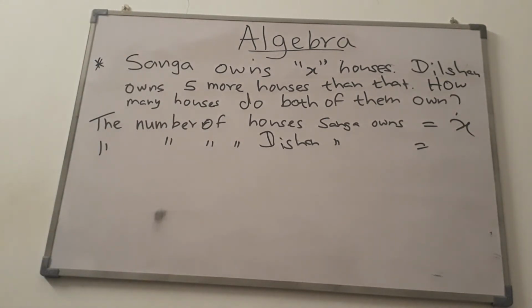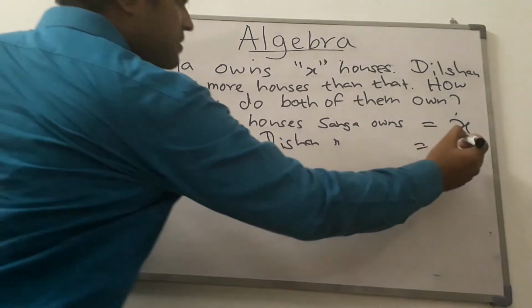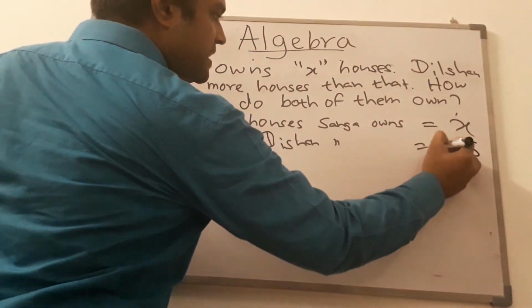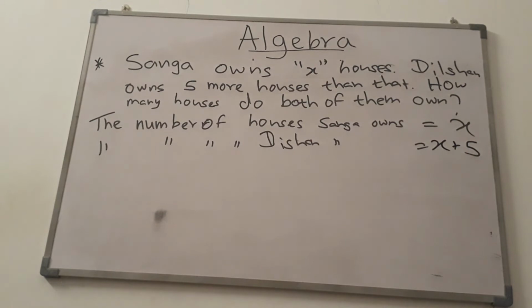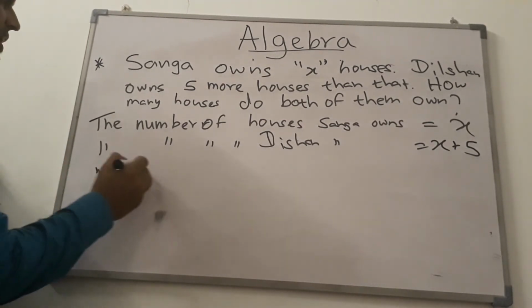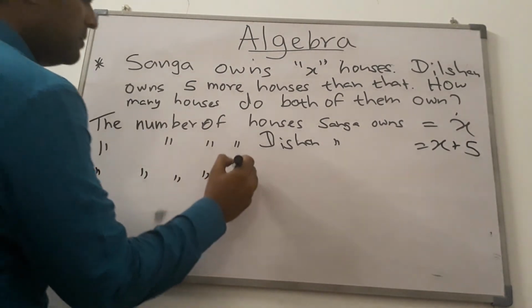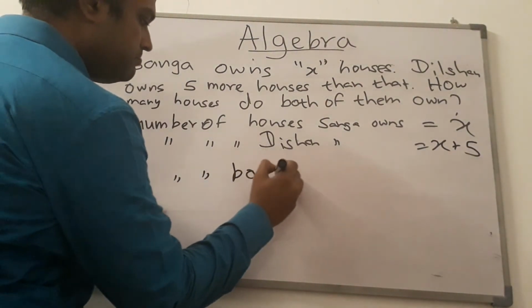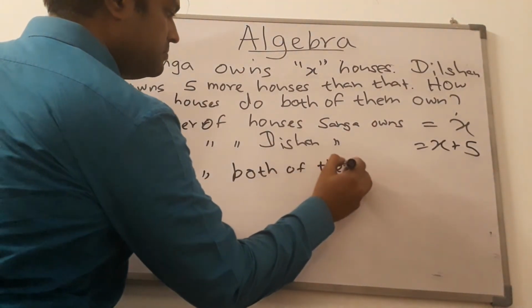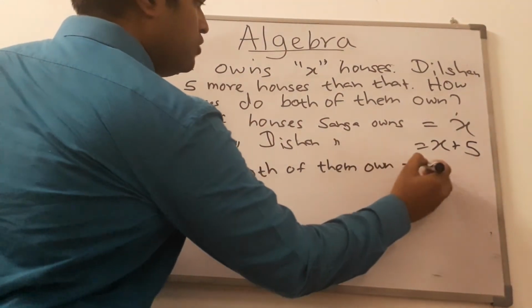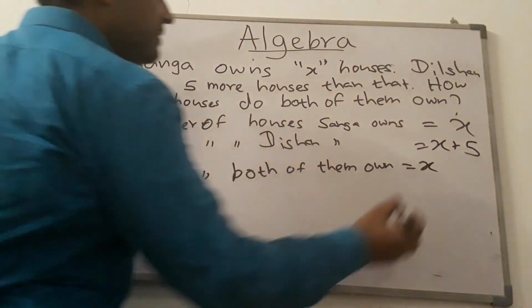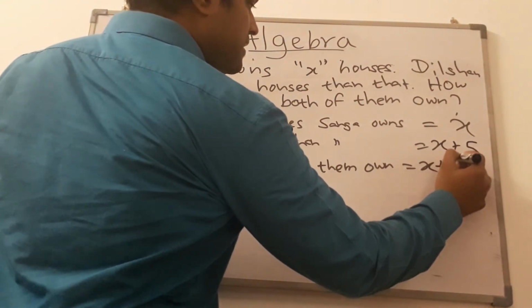5 more means we have to add 5 to x. So the answer is x plus 5. The number of houses Sangha owns is x. The number of houses Dilshan owns is 5 more than x, which means x plus 5. So the number of houses both of them own means we have to add x and x plus 5 together.